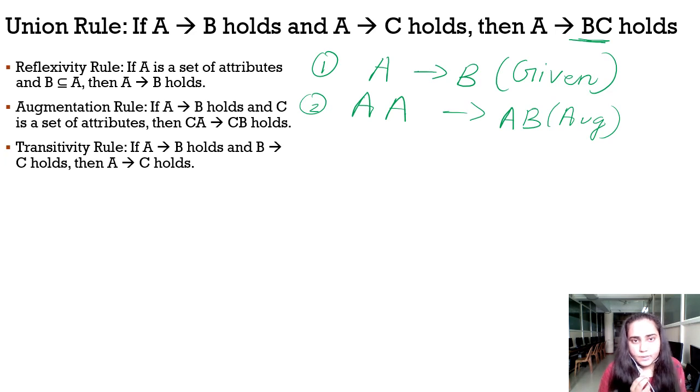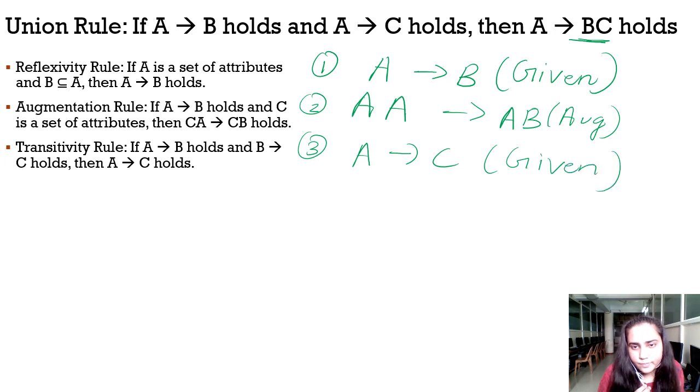Now the next step is, I'm going to take the second one, that is A determines C, which is given to me. So this is given. A determines C is given.